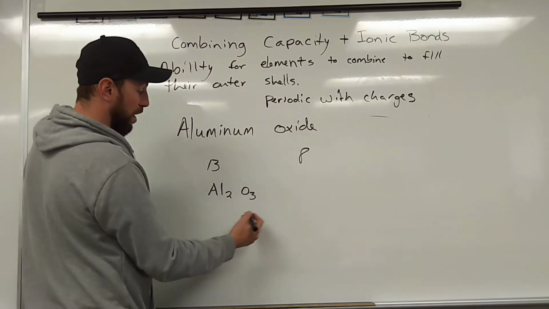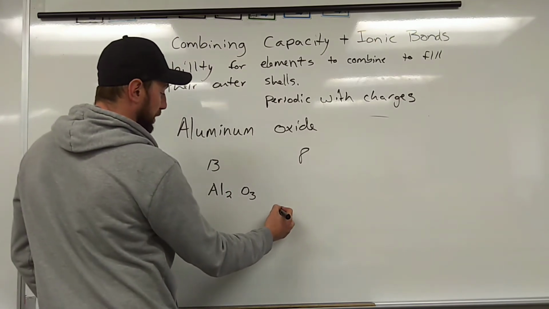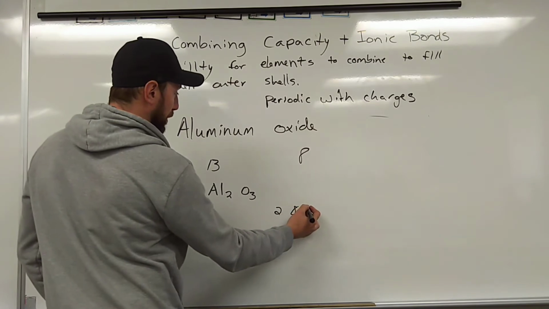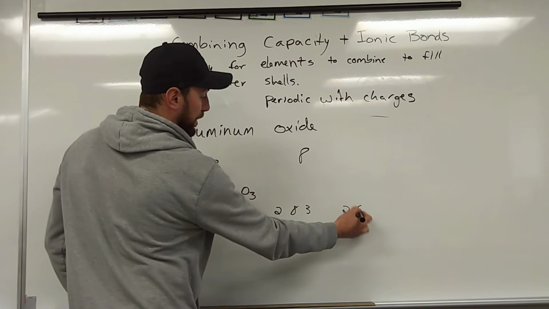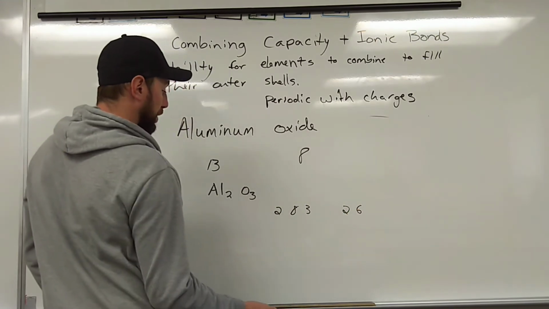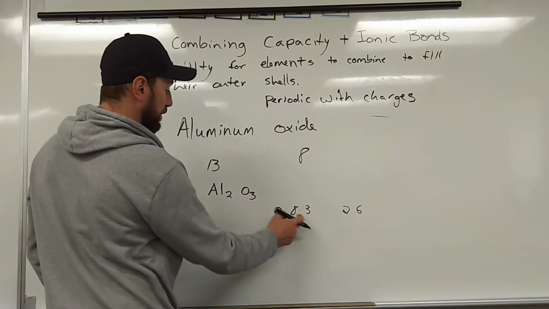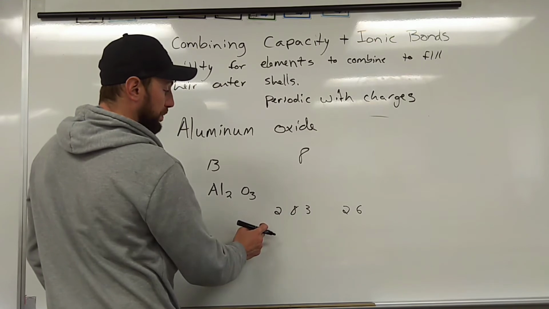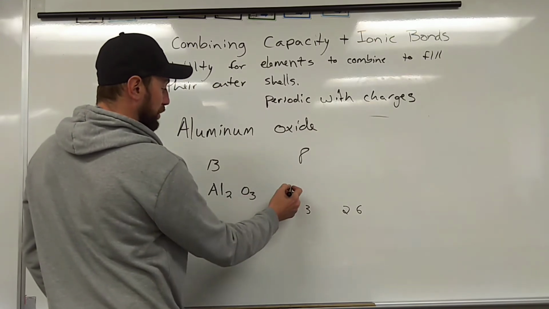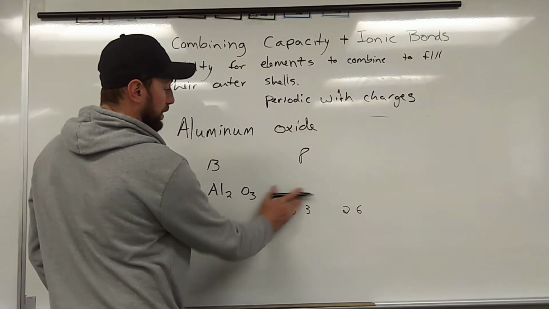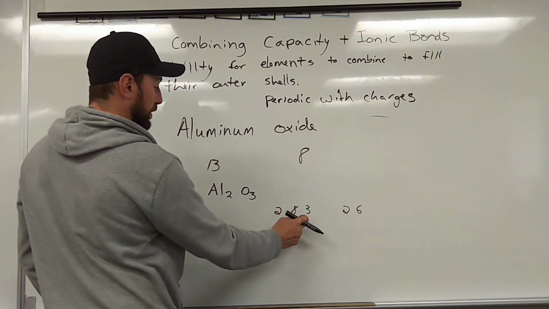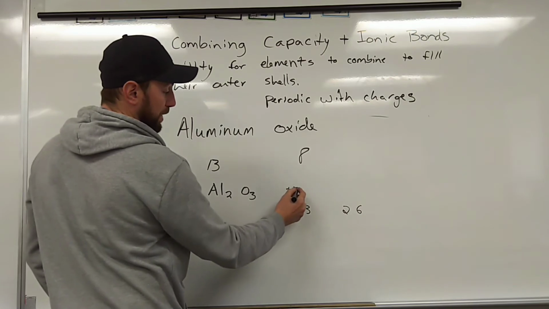And we know the periodic table. So now let's just draw our Bohr diagrams quickly. So 2, 8, and 3. And this one here is 2 and 6. That's 13, right? So aluminum has 3 to give away, so it has a charge of +3.